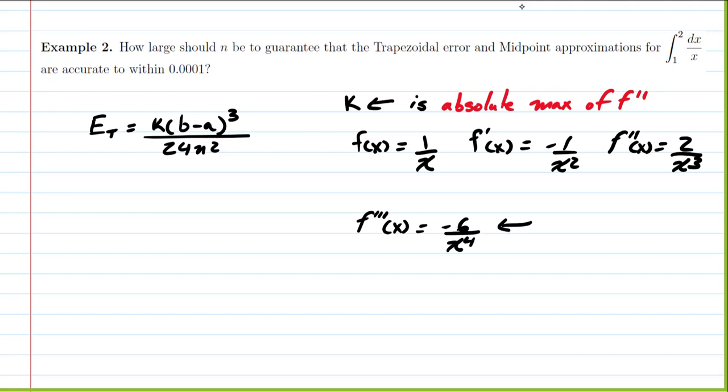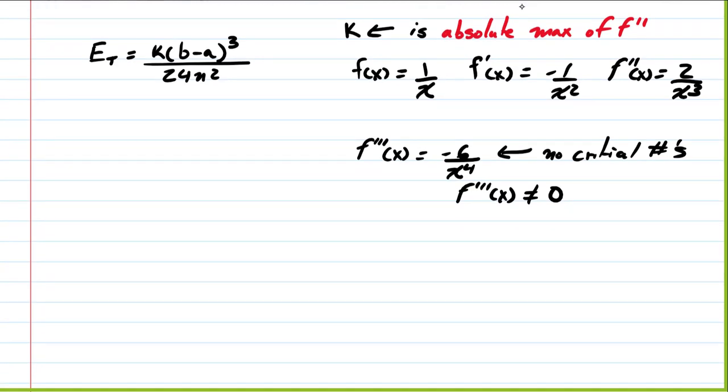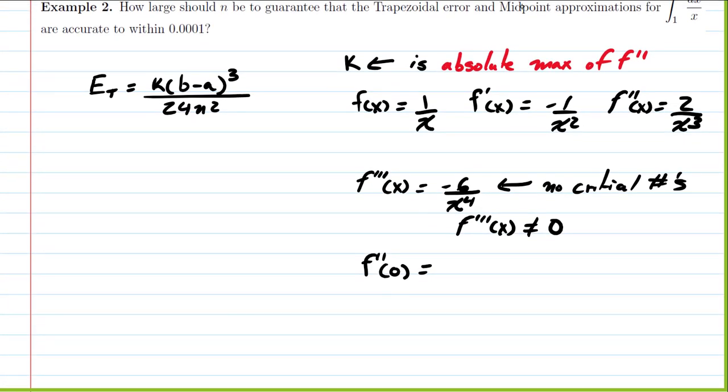So this has no critical numbers, because f triple prime of x never equals 0. So the absolute maximum has to be at one of the endpoints. So we would test f double prime of 1 and f double prime of 2.